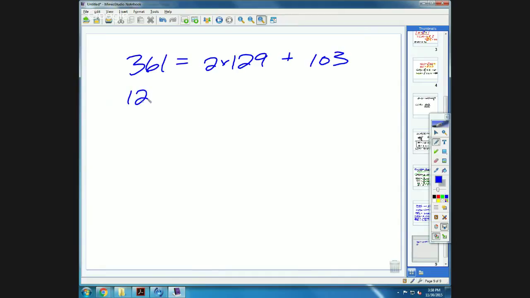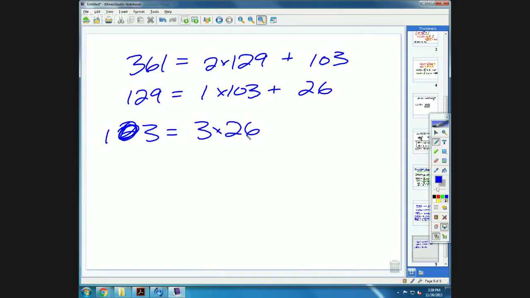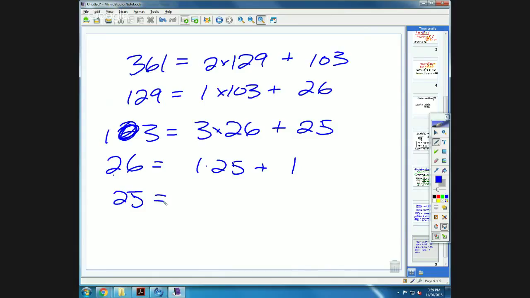And let's see, 129 equals 1 times 103 plus 26. 103 equals how many 26s? Remainder 25, okay. And then 26 is 1 times 25 with a remainder of 1. And then 25 is equal to how many ones? 25 ones plus a remainder of 0. So that has to be the GCD. The previous remainder from the 0 has to be the GCD.